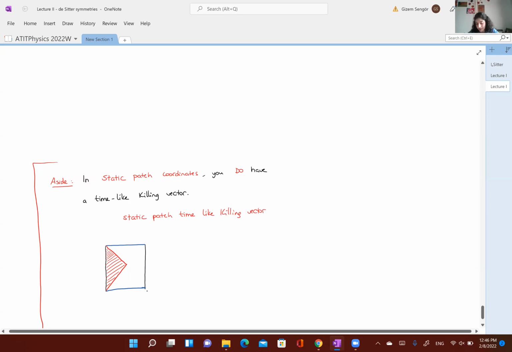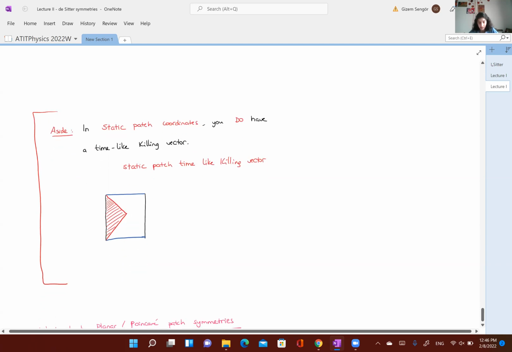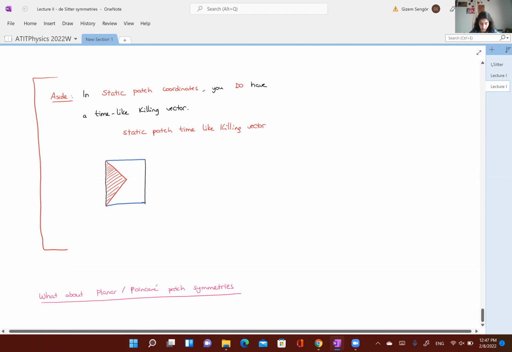So you can find a static patch time-like Killing vector, but this isn't complete enough. It's not something for the whole of the space-time, so it doesn't save you too much.